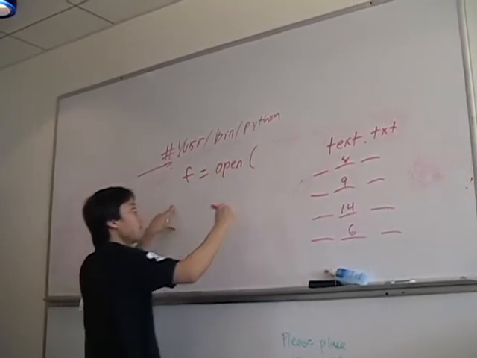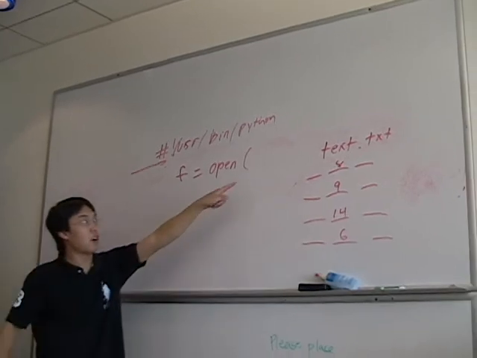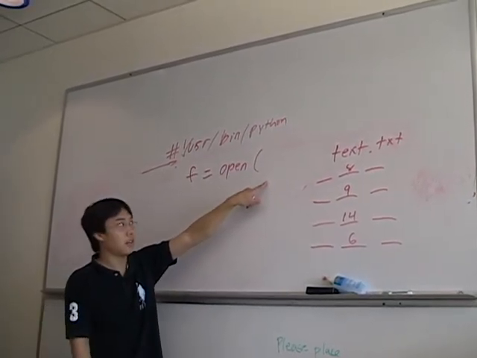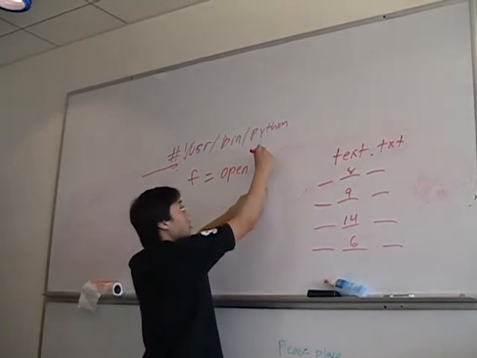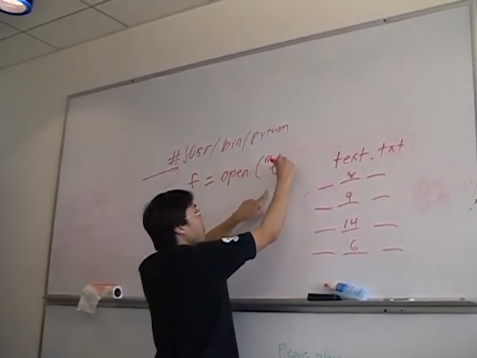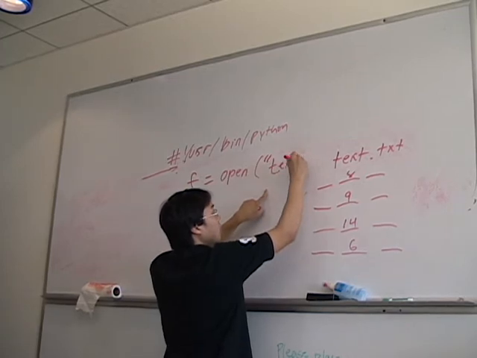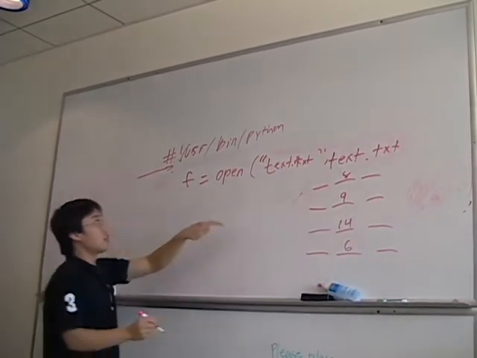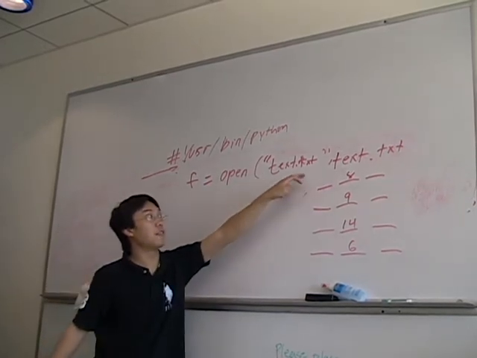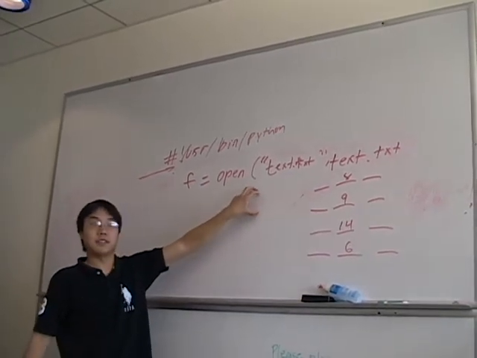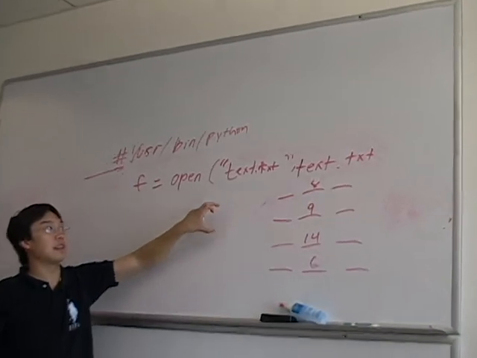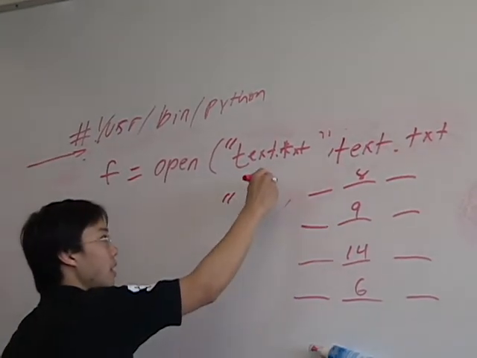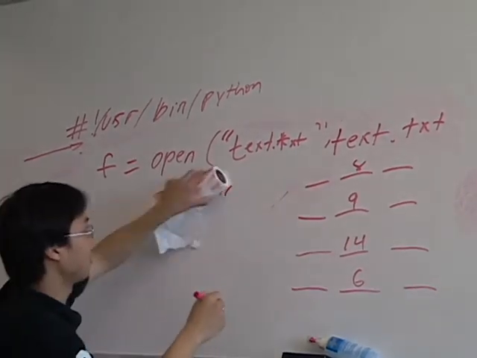In parentheses, the first parameter in your open function is your file name in string, so you have to put this in quotes. Text, comma. Open requires 2 parameters, the name of the file and the permissions. What will you want to do to that text file? There are several types of permissions, and they're usually in single quotes.